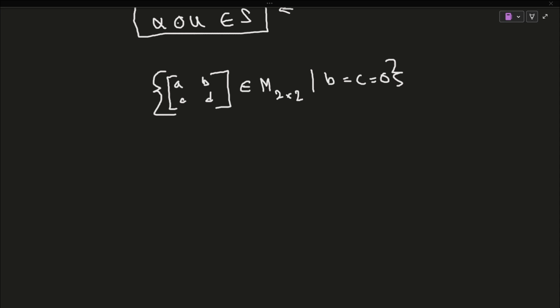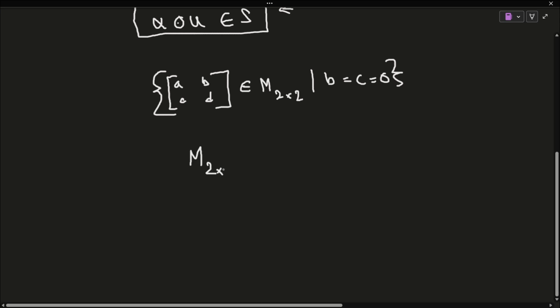Okay, great. Hopefully you identified that this set is your S, and then V would be M, all 2x2 matrices, because this is a vector space.